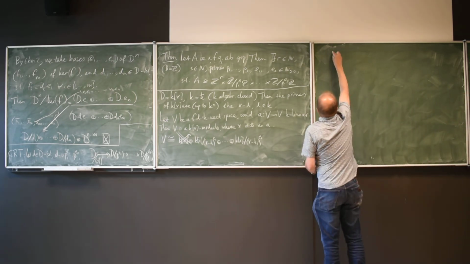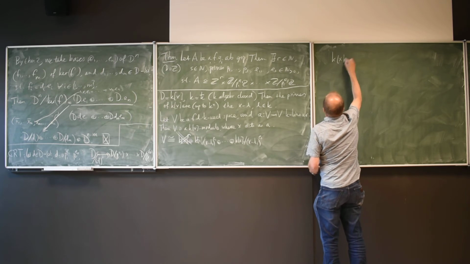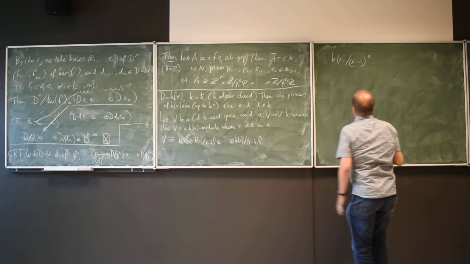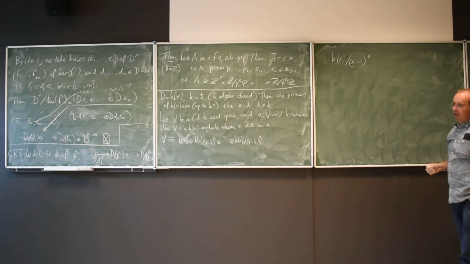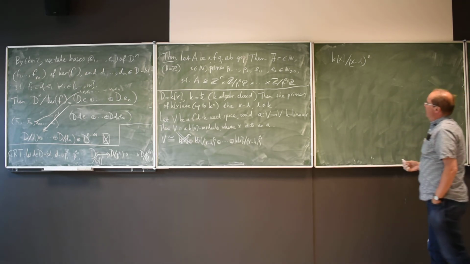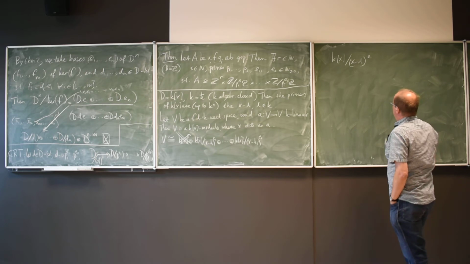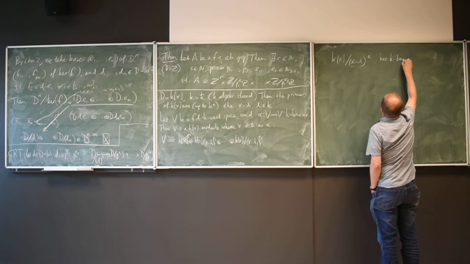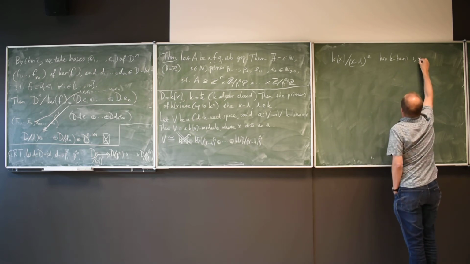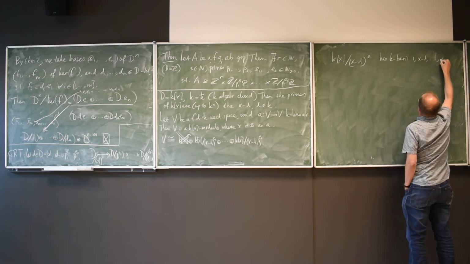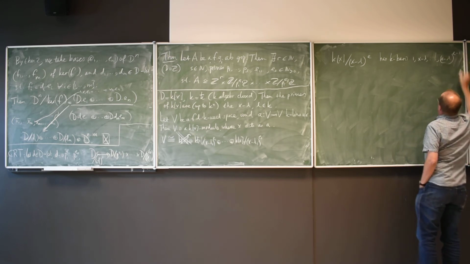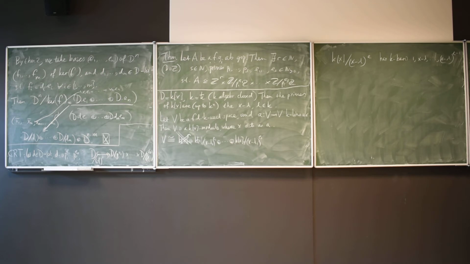If I look at K[x] modulo (x minus lambda) to the E as a K[x] module, I would like to take a nice basis of this, right? This has a K basis, 1, x minus lambda, up to (x minus lambda) to the E minus 1, right? That is the basis I would like to take.